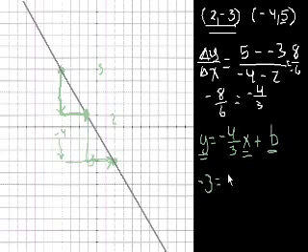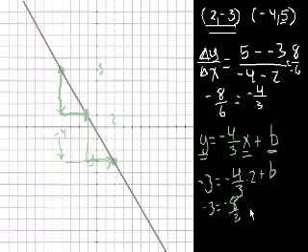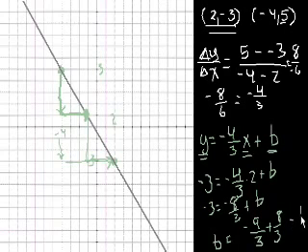Negative 3 equals minus 4 over 3 times x, which is 2, plus b, and then we get negative 3 equals negative 8 over 3 plus b. Then b is equal to, well, negative 3 is equal to minus 9 over 3, and then I'm just going to put this on the other side, so that's plus 8 over 3, so we get minus 1 over 3 is the y-intercept.